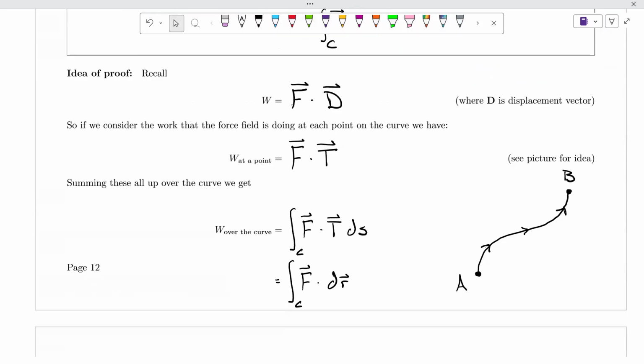So if we look at work at a point, I'm going to call that the dot product of the field with the tangent vector. Field and unit tangent vector together. It should give me my work at a single point, putting that in air quotes. So if I just come over here and maybe draw a field, which might be doing something erratic or chaotic.